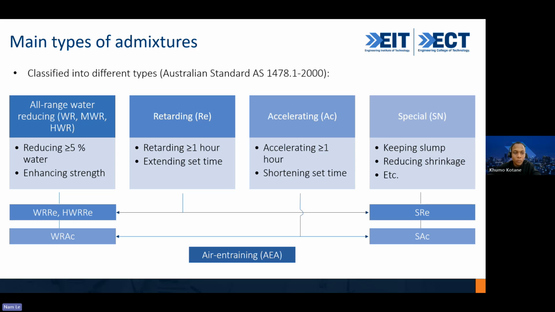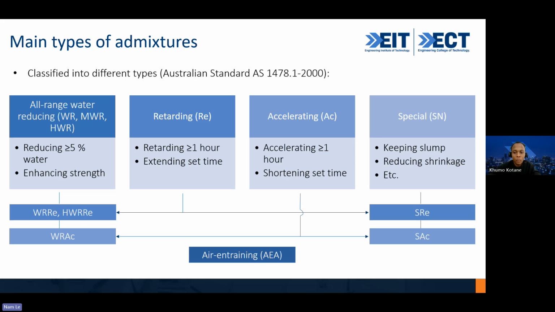For example, typically when you use the accelerator, the final strength is a bit lower than the typical one, right? For example, if in that country we have 40 MPa at 28 days, when you use an accelerator it can be slightly less, like 38, 39 or something, 39 point something. This is the first one.